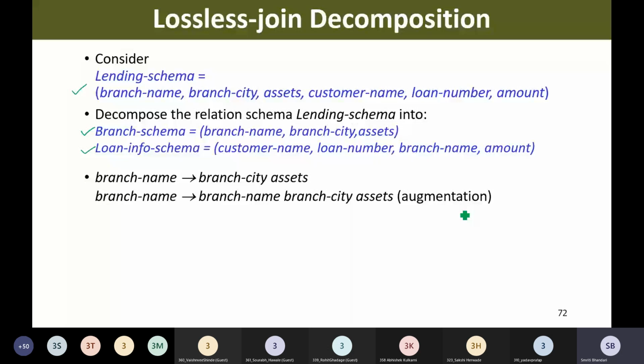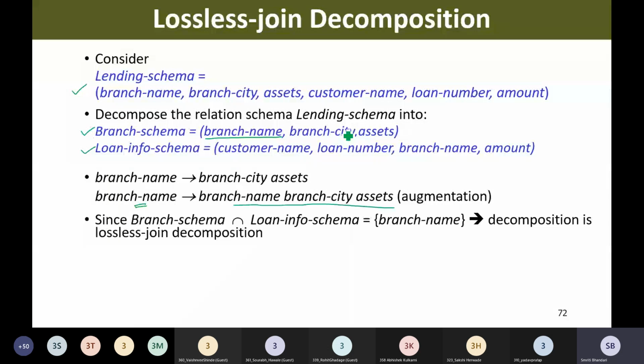As we have seen, the intersection of these two sets of attributes is branch name. And we have seen that this branch name is the super key for the relation schema, branch schema.